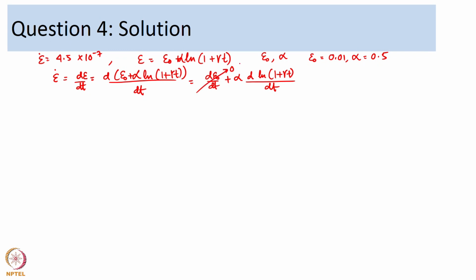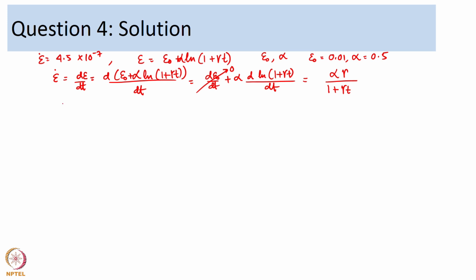This is a constant, equal to 0. So, it basically comes out as alpha into gamma over 1 plus gamma t. So, the strain rate of deformation is given by that equation.